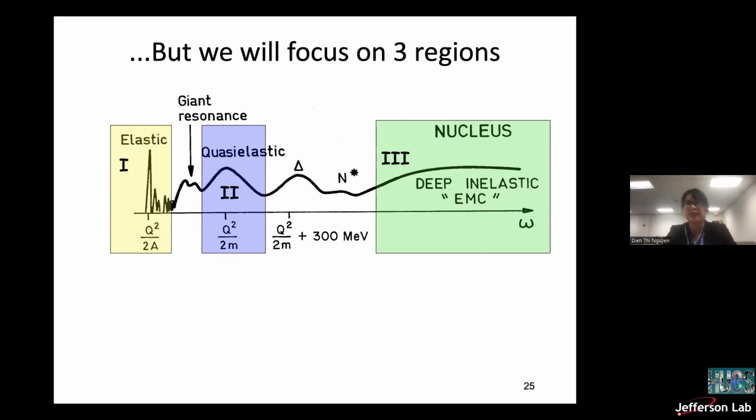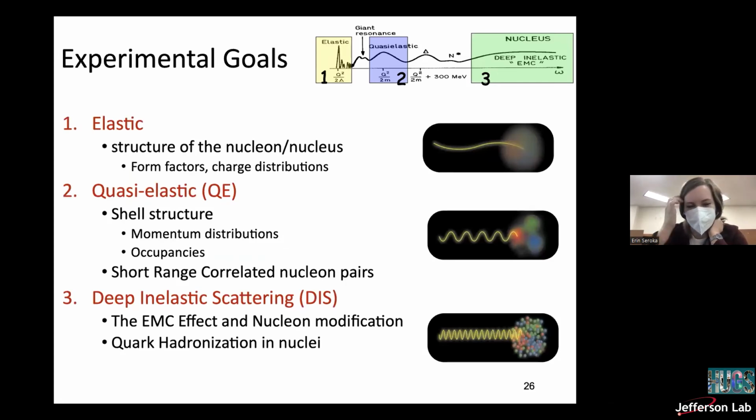Now we will talk about all this a little bit more, because the names may confuse you. You may want to understand what exactly elastic means, what quasi-elastic means, and what deep inelastic means in daily language. Okay, did I answer your question, Erin, or are you still confused? Yes, thanks. Okay, so we will focus on these three regions.